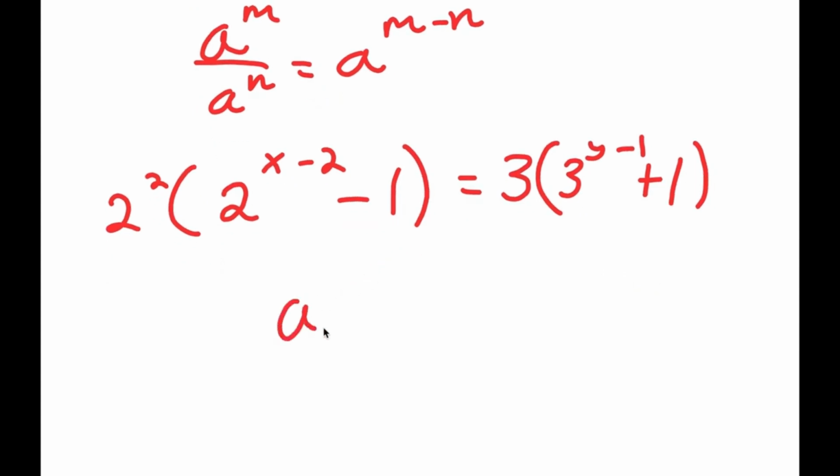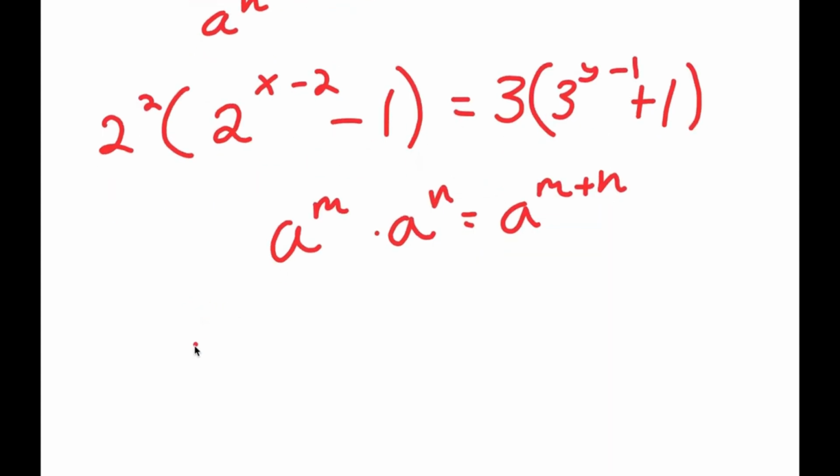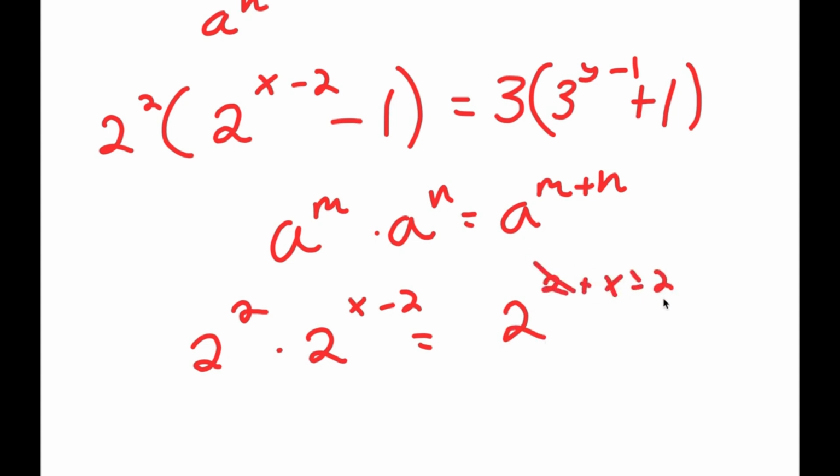Now from here, if I have something in the form a to the power of m times a to the power of n, this is equal to a to the power of m plus n. So 2 squared times 2 to the power of x minus 2, this is equal to 2 to the power of 2 plus x minus 2, and the 2 and negative 2 cancel out, so I just get 2 to the power of x.